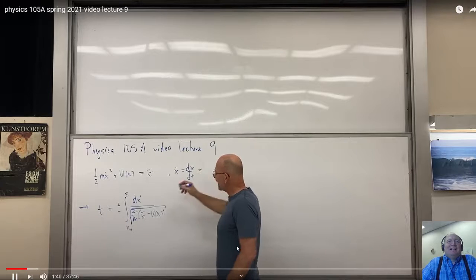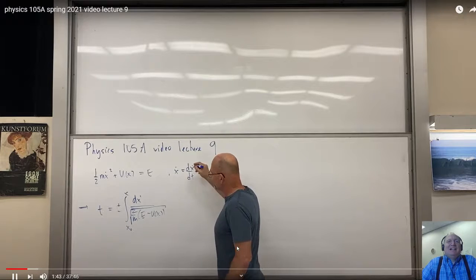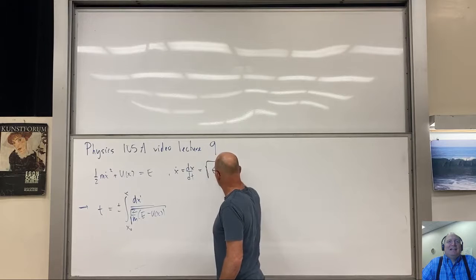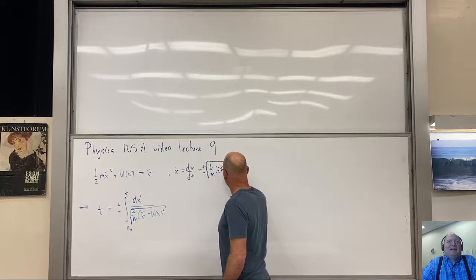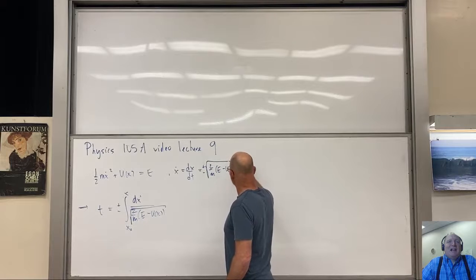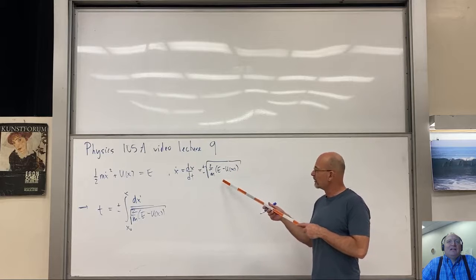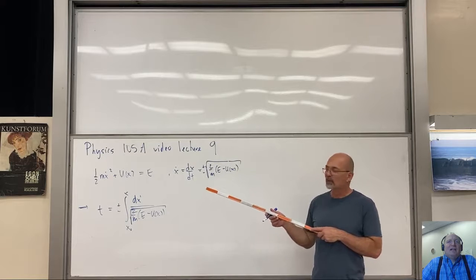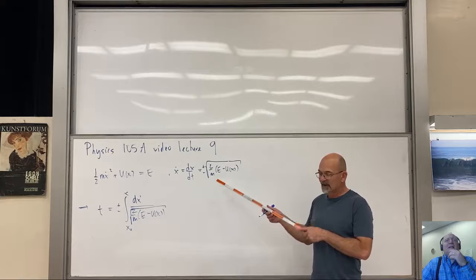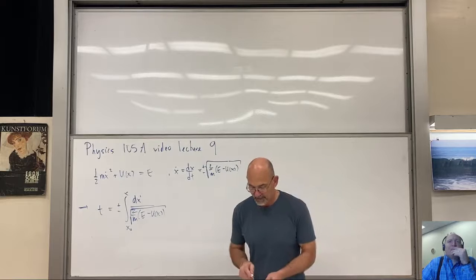Since we have this dx dt is equal to, and we'll go ahead and solve for it, plus minus square root of 2 over m, E minus U of x. Since we had this expression as well, we were able to introduce the idea of turning points given a certain type of potential energy. Oh, very cool.